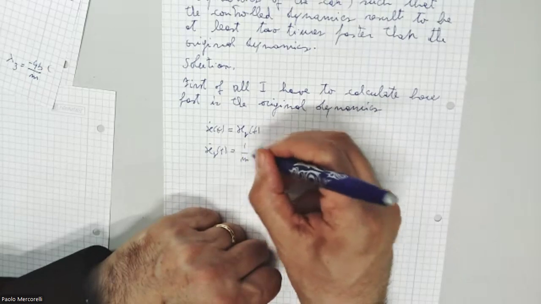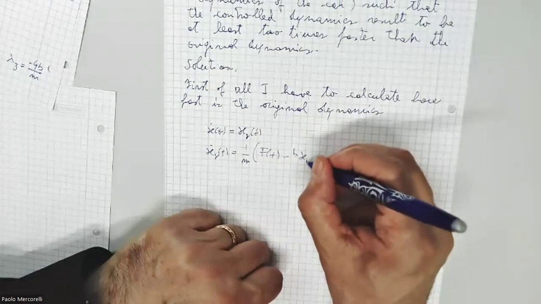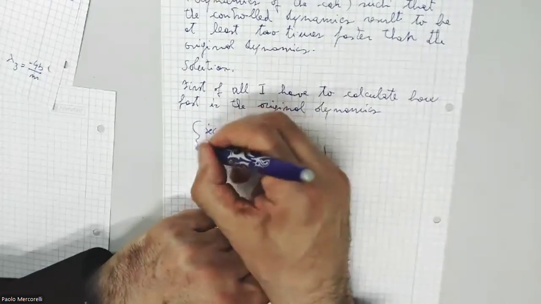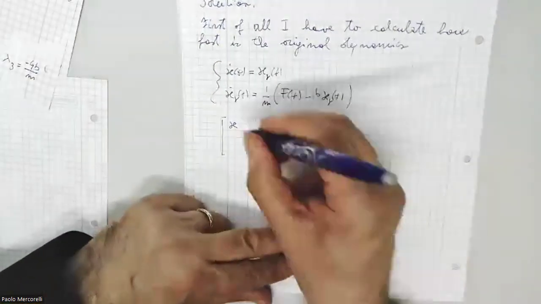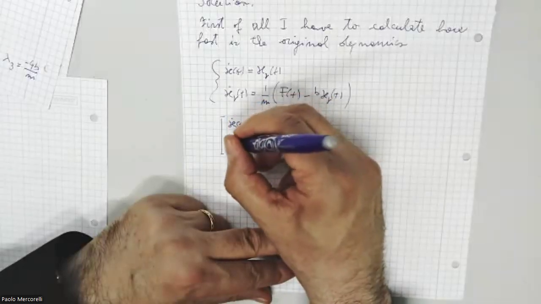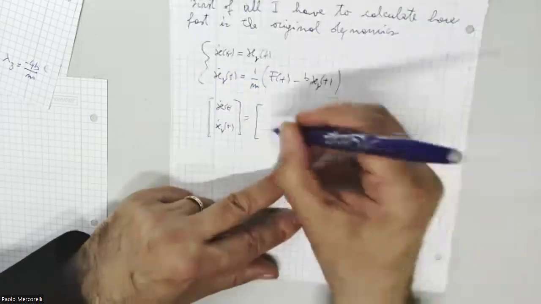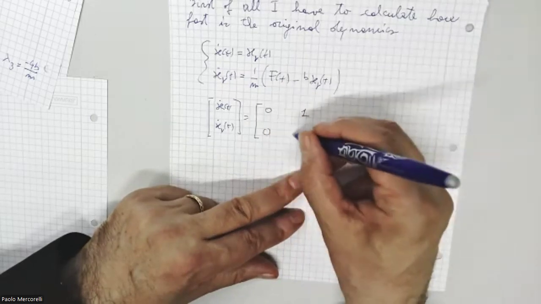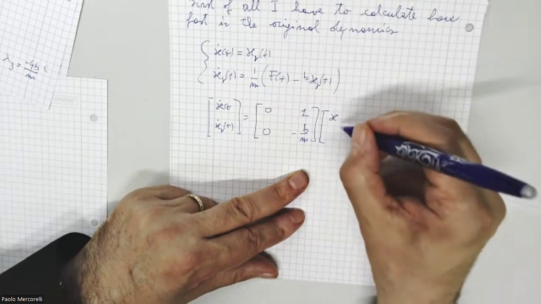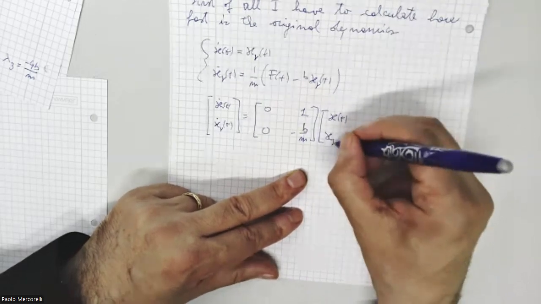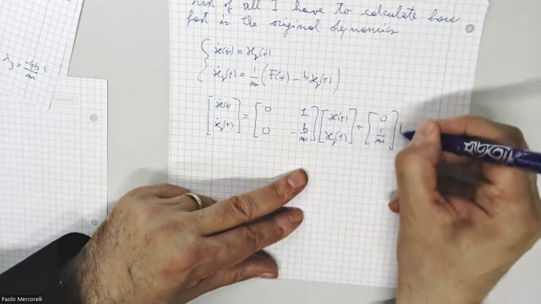Let me write this down. Remember. This was the original system. I don't have much place, so let me write quickly: 0, 1. Remember this. We have seen many times, I don't need to repeat.